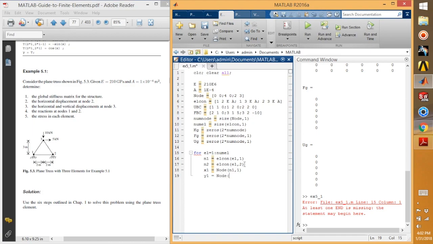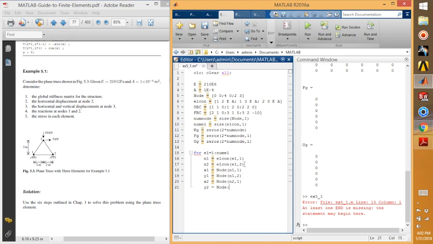Similarly, x2 will be node n2 comma 1 and y2 will be node n2 comma 2.